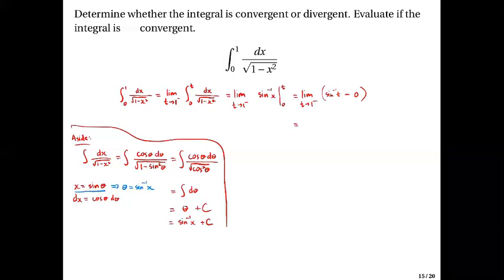So this is just sine inverse of 1. And sine inverse of 1 is just pi over 2. So we have a limit. Therefore, this improper integral from 0 to 1 of dx over square root of 1 minus x squared is convergent. And the answer is this guy here. Okay?